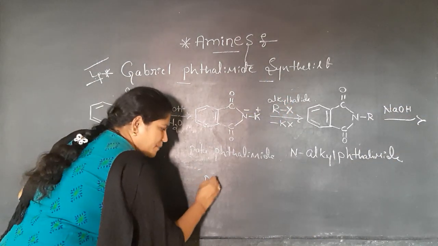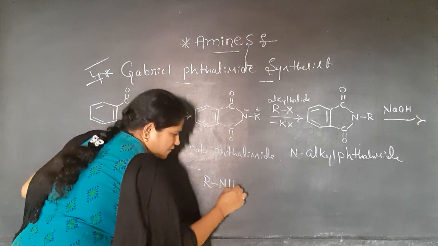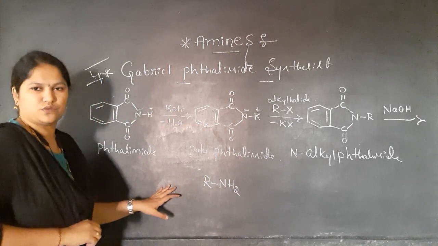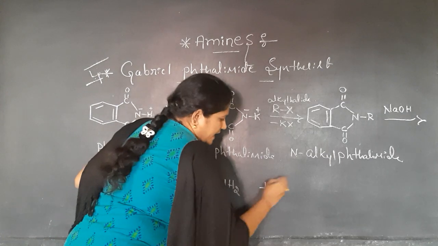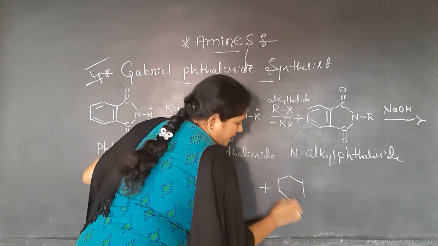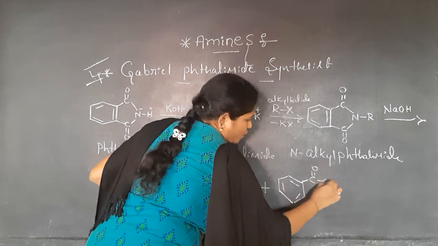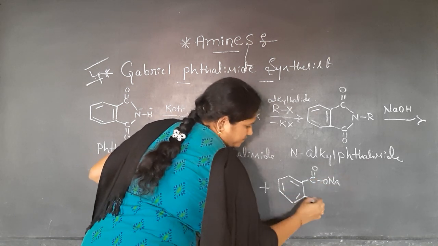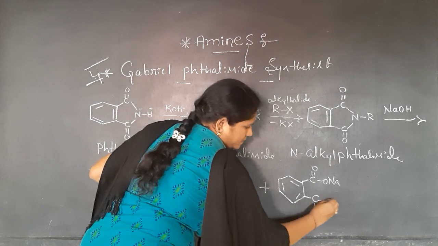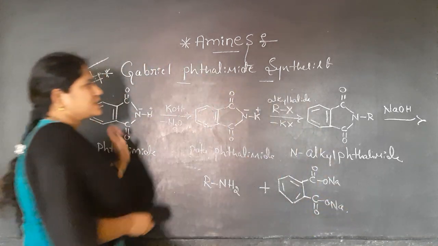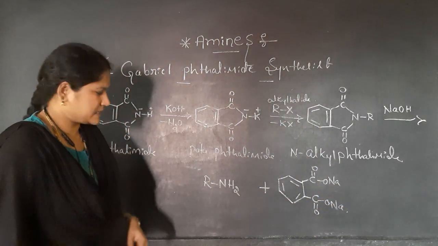Then we are going to get primary amines with the general formula RNH2, and there is elimination of a byproduct, the salt of carboxylic acid, COONa. This is what Gabriel phthalimide synthesis is.